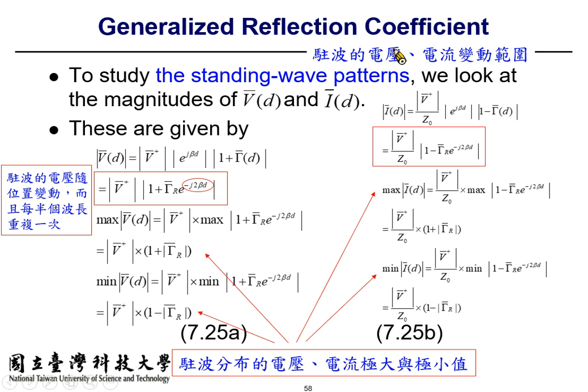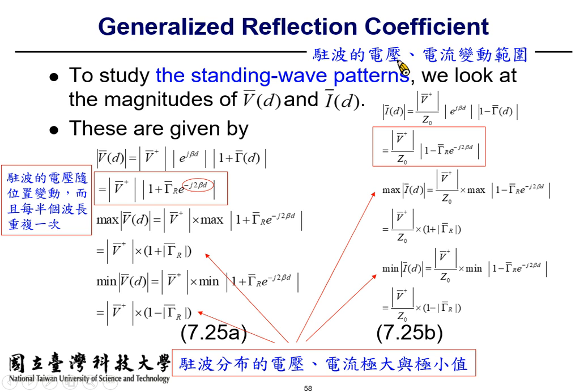Because the termination is not a matched load. So some of the input signal is reflected back. So as long as you have a reverse going component of the voltage and current, you shall have the so-called standing wave.